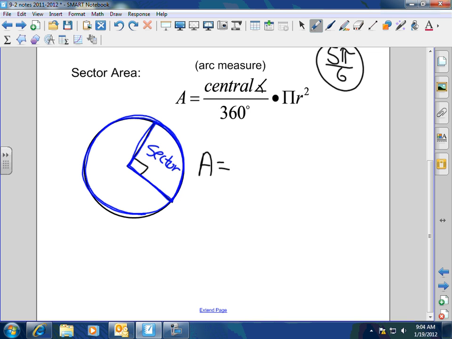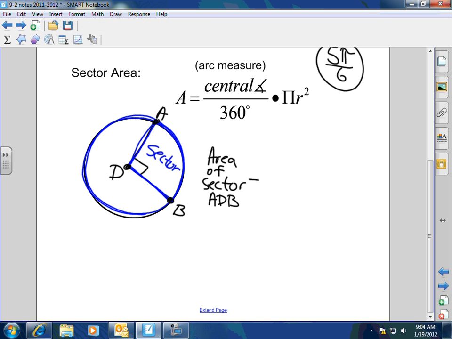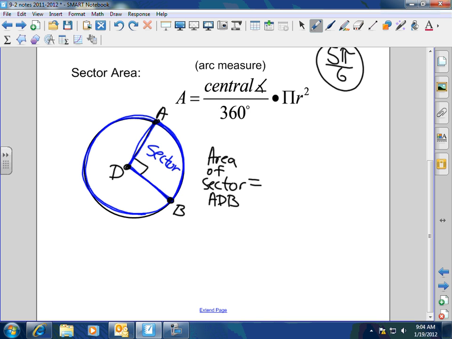The area for this guy, let's call this AB, and let's call this circle D. Area of sector ADB equals central angle, which is 90 over 360, times pi r squared.